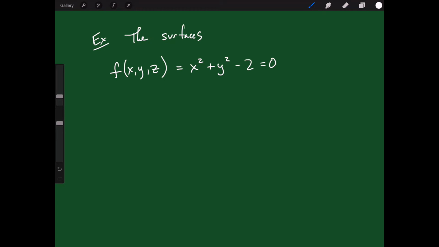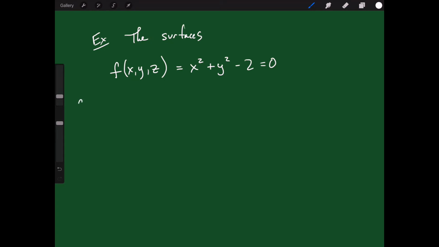So an example, the surfaces, first of all, f of x, y, z is equal to x squared plus y squared minus 2 equals 0.